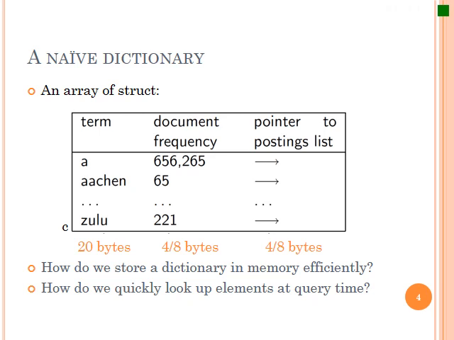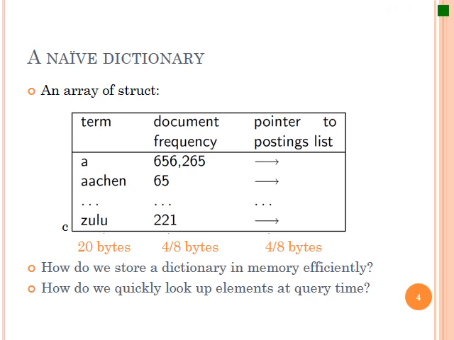Similarly, the posting pointer is an address, so it's also an integer, 4 to 8 bytes. So this means that every entry takes as much as 36 bytes in total.